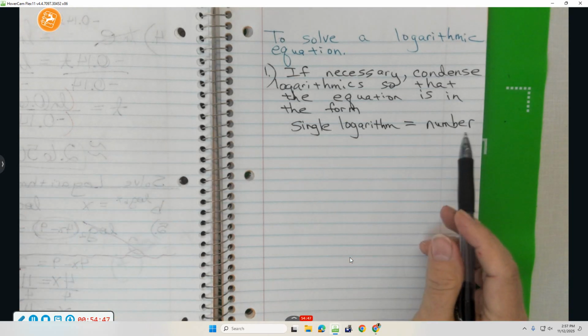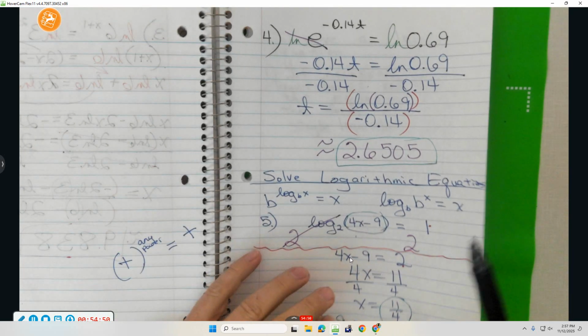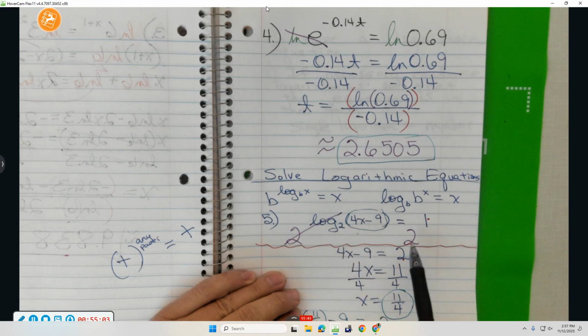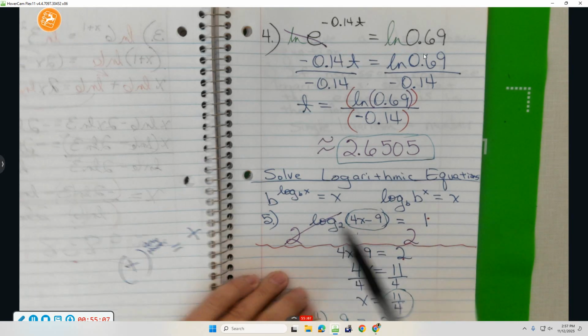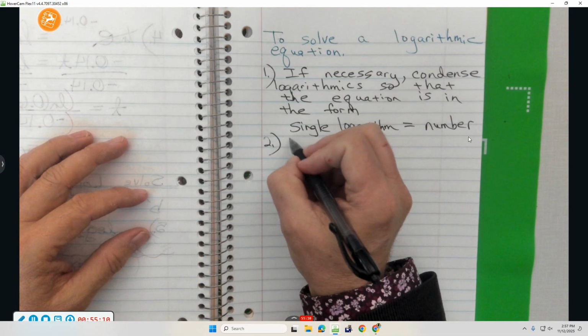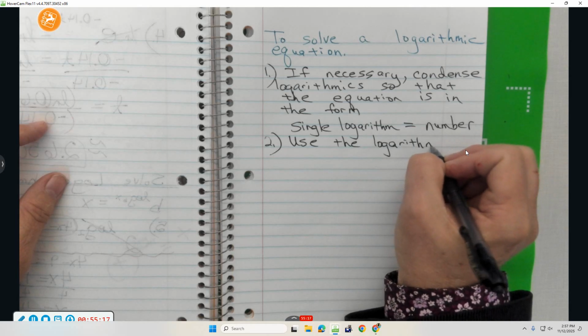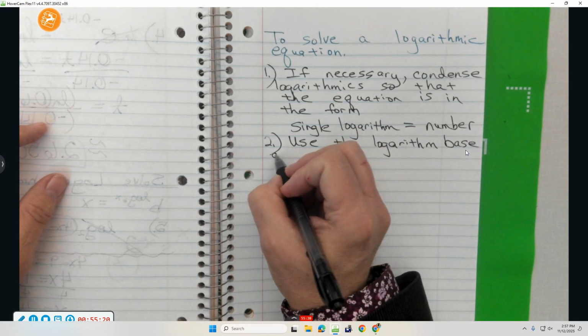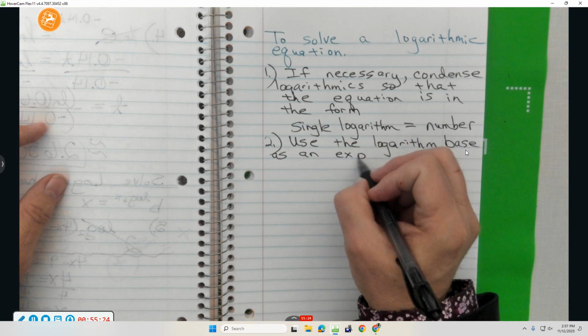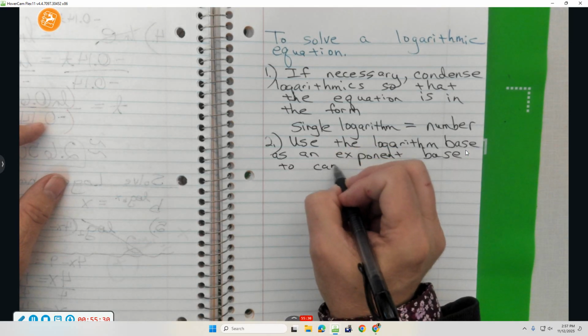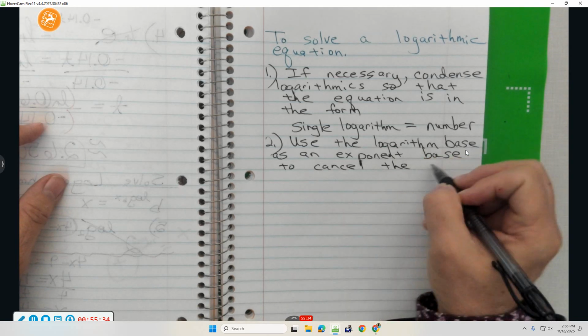Once we get that single logarithm, we're going to use whatever the base of the logarithm is as an exponent base to cancel out the log notation.